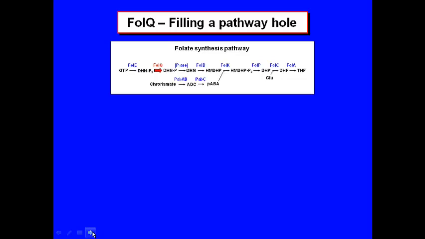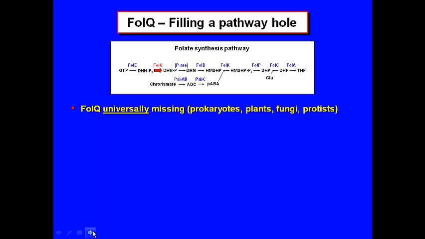This is a pyrophosphatase that takes a triphosphate derivative of dihydroneopterin, DHN, and turns it into the monophosphate. So it's a fairly typical pyrophosphatase type reaction. As we said, it's universally missing. The organisms that make folates, which include a lot of bacteria, all plants, fungi, and some protists, have no gene known in any of them.